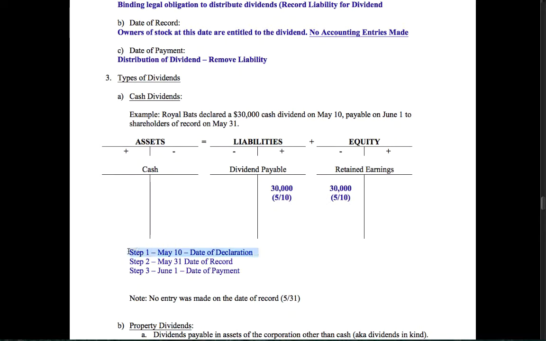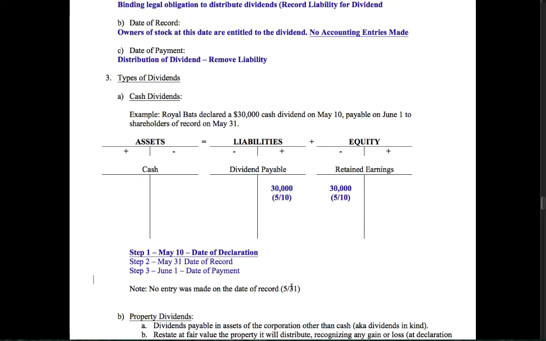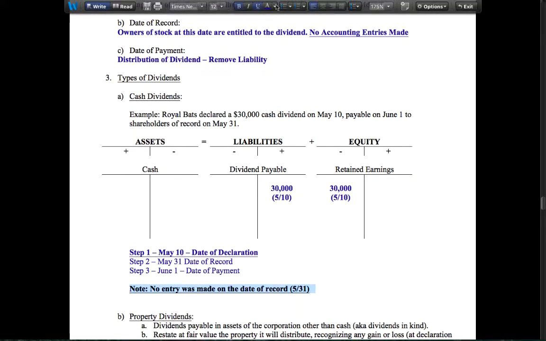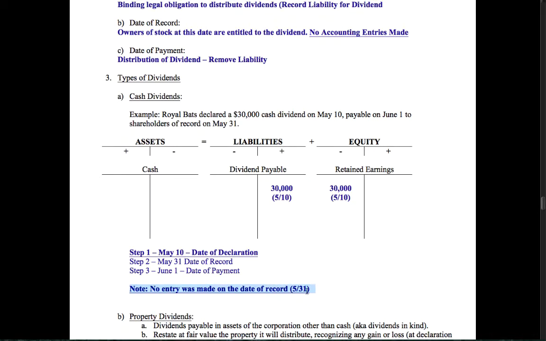So that gets our first one done. Next, we need to go to the date of record, and I've noted it here for you, but remember, there are no entries made at the date of record. Therefore, you do not need to record anything in these T accounts. You just need to know what the date of record represents. So step 2 is done.